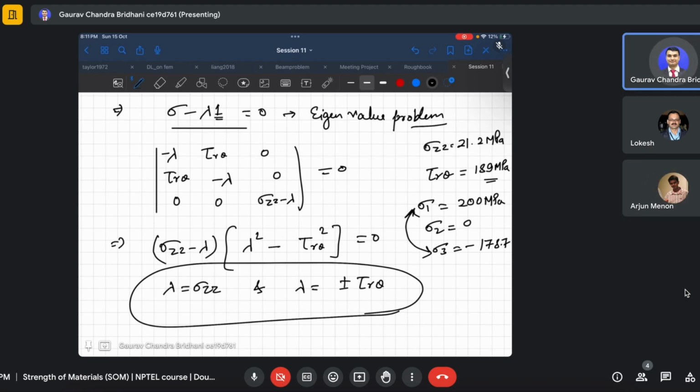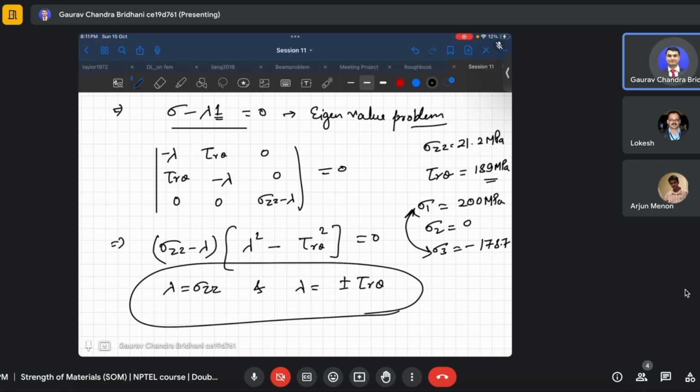Suppose the material you are using for the crankshaft satisfies the von Mises criterion. Then my right hand side is root 2 times sigma y, because it was 2 sigma y square. So root 2 into sigma y is the permissible value of stress. I will divide it by the factor of safety of 4. Whatever value I get, that is my design stress. Now the stress in each part should not be above that value. That I have to ensure in my analysis.